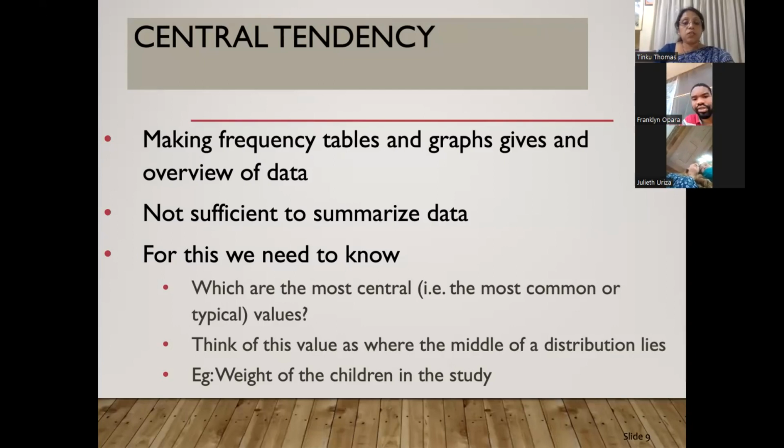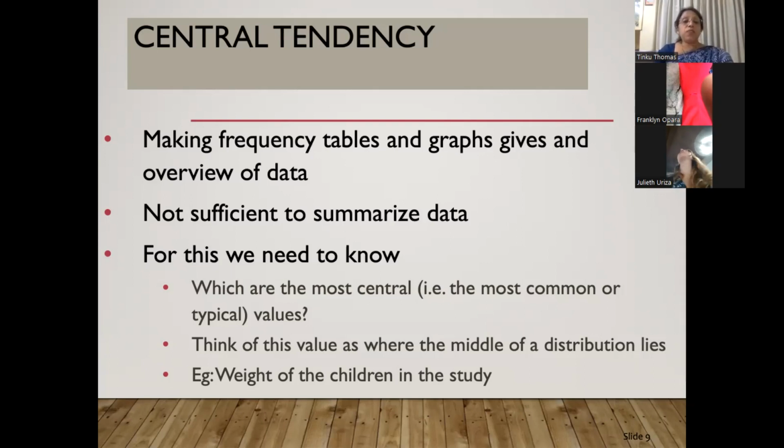So if somebody asks us to describe the data that we have collected, it is very hard for us to list out each and every data point. Say we have collected data from 100 people. It is hard for us to list out each individual's data. Moreover, it is not necessary, and it is not informative.